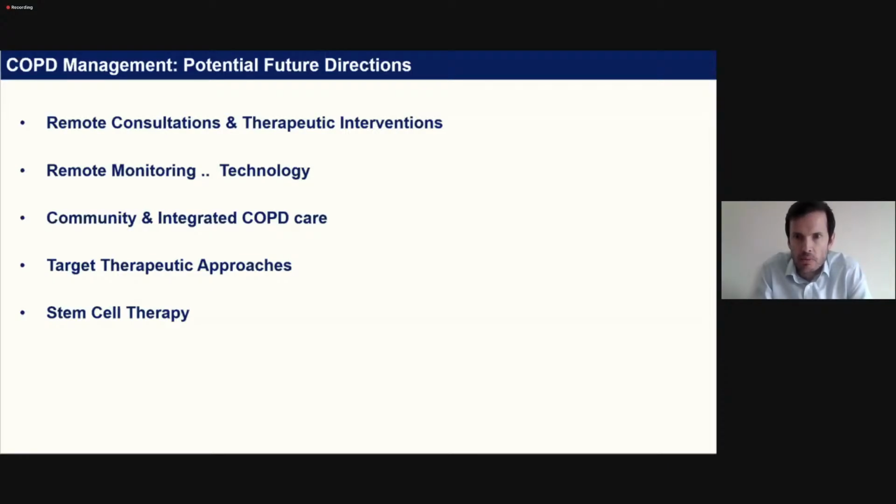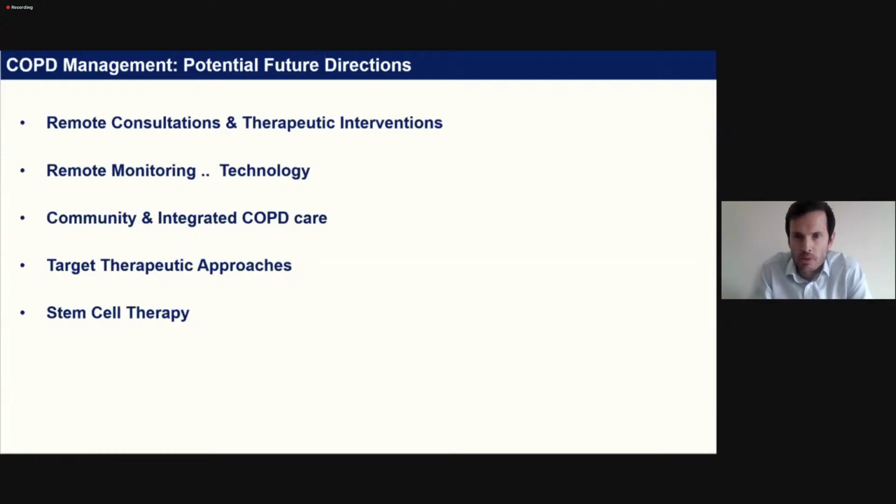And I personally feel that we are likely to see an increase in the utilization of remote consultations in selected situations, even after the pandemic has passed. We may also see an increase in remote therapies, such as pulmonary rehabilitation, which may actually be more appropriate and desirable for certain patients, particularly those who are quite debilitated with the disease.